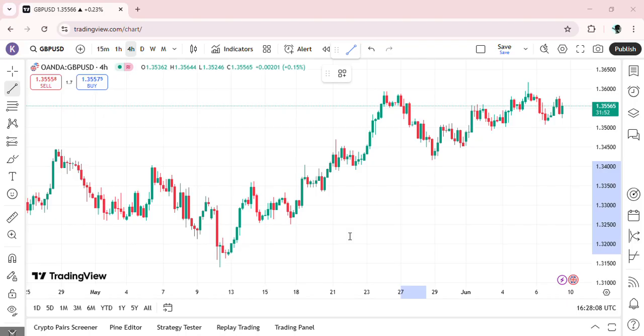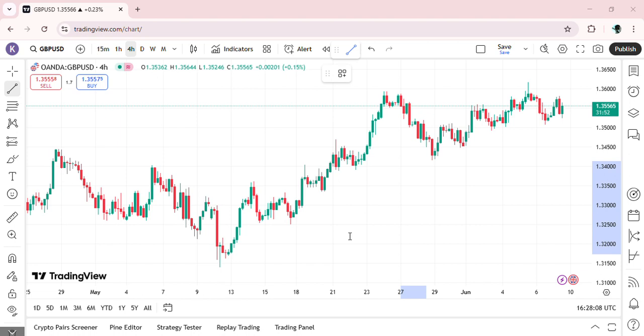The second one is the one we are calling a downtrend. A downtrend is characterized by a series of lower highs and lower lows. Indicates that sellers are in control and signals weakening demand or strong supply. So if it's in a downtrend, we normally look for more selling opportunities.